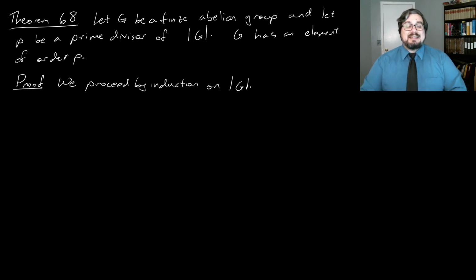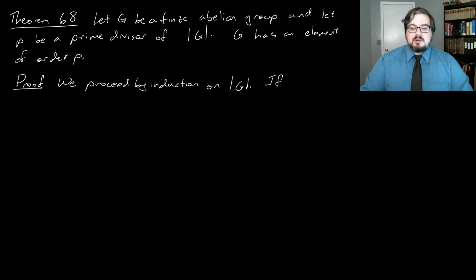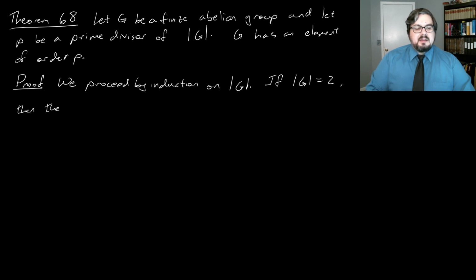And the reason for that is that if the order of G is 1, then there are no prime divisors of it. So our base case is the order of G being 2. If the order of G is 2, then the non-identity element A must be its own inverse.